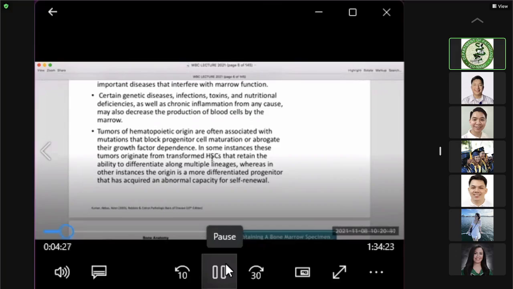So you can see multiple cells are affected. Whereas in certain instances, the origin is in a more differentiated progenitor cell that has acquired an abnormal capacity for self-renewal. So it is segregated to a certain type of cell.